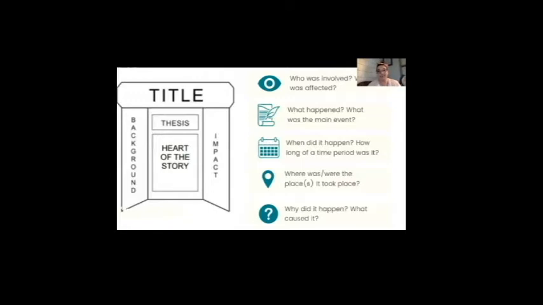And so this visual used to really help my students see how the thesis was that central piece, right? So it is what pulls in the background. It centers the heart of the story, and it shows the impact. A lot of my students really found the 5 W's helped them too. So I broke down all of this.